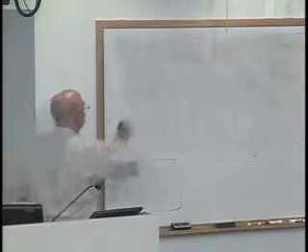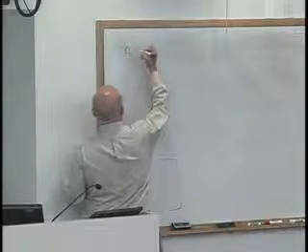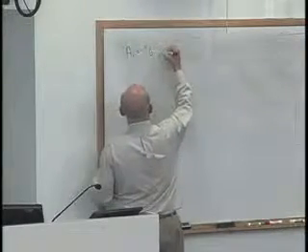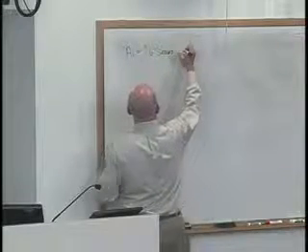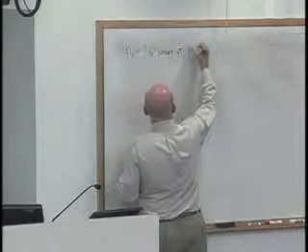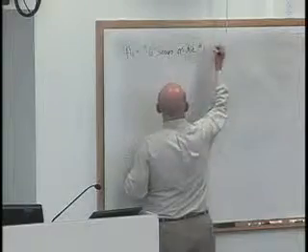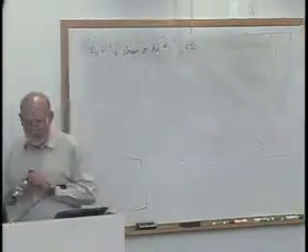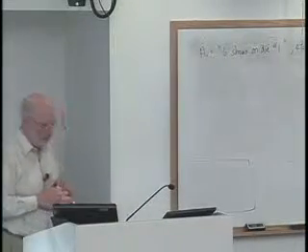So A1 will be the event a 6 shows on die number 1. And the same thing is true for die 2 and die 3.